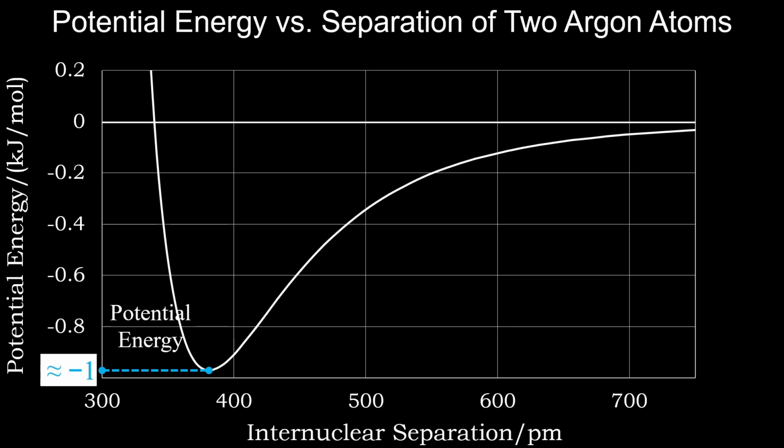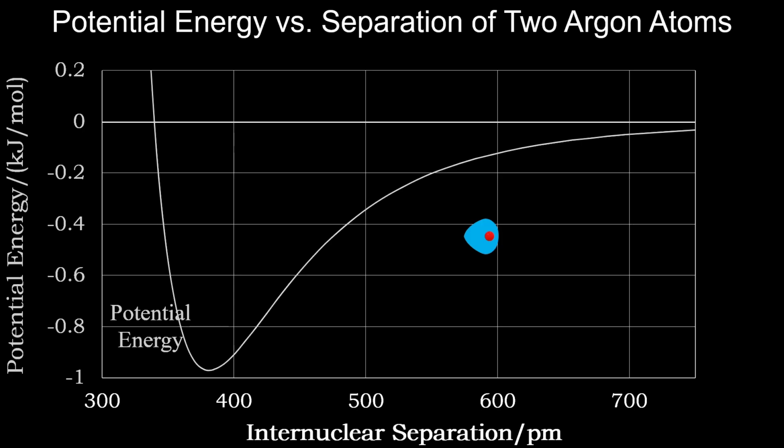explained with charges, so too are London dispersion forces. The little red circle represents the nucleus of an atom. It is surrounded by a cloud of electrons. The electrons are moving and can form an instantaneous dipole.